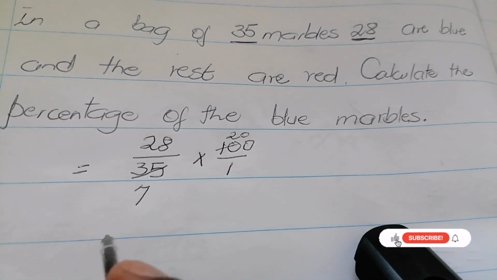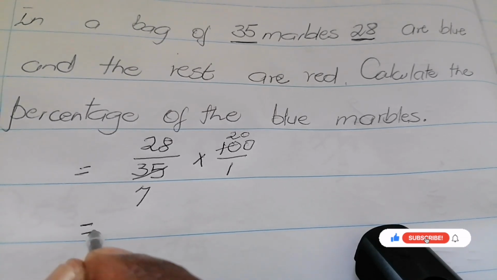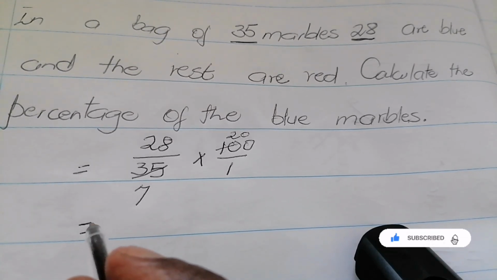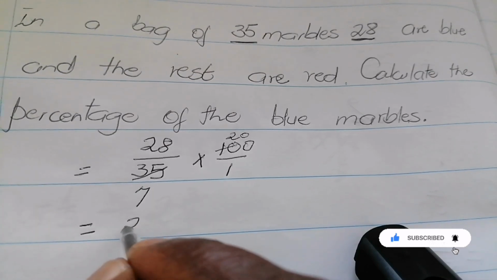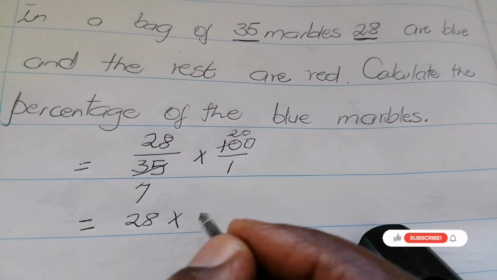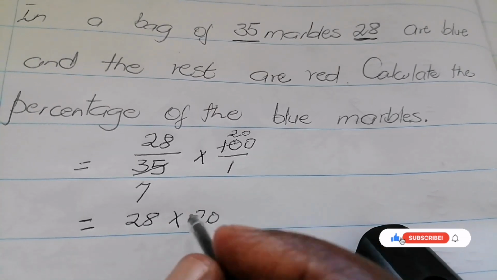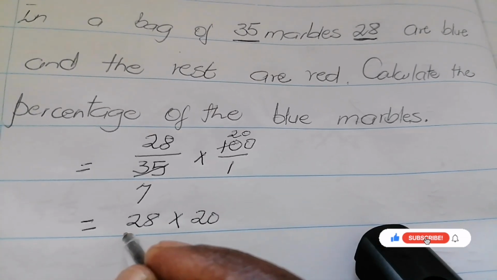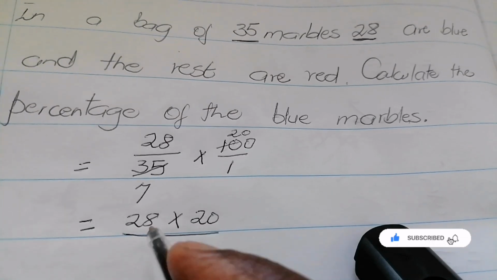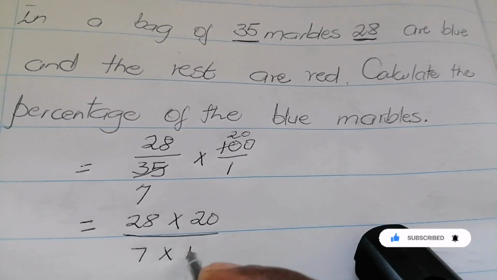So it is equal to 28 times 20 over 7 times 1.